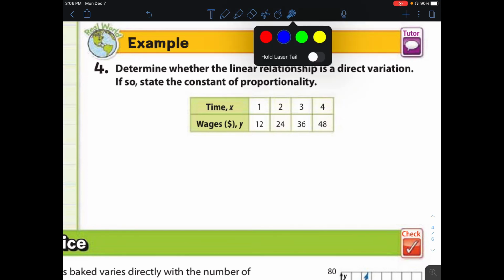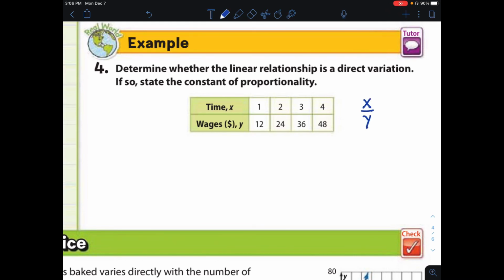We don't even have to guess what is x and what is y, because it's given here. X is your time, y is your wages. Again, we look at the ratio, which will be equal to k. That is our direct variation equation.